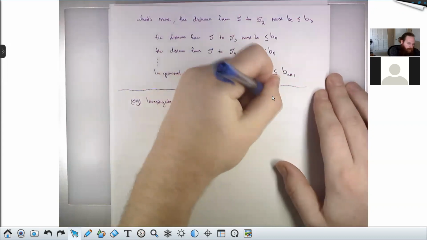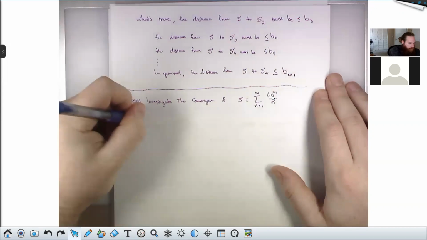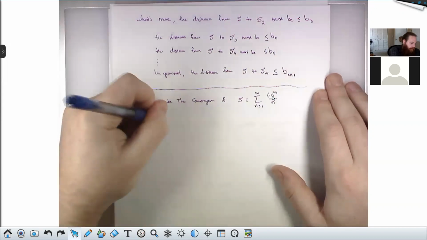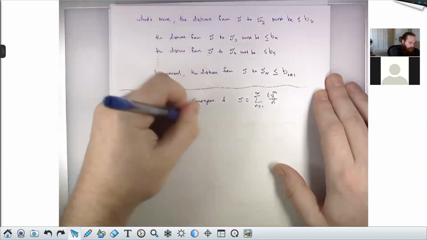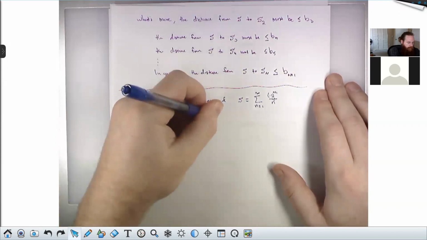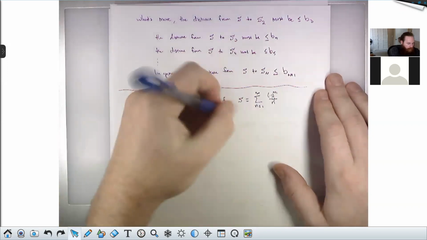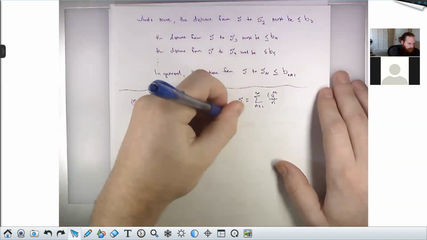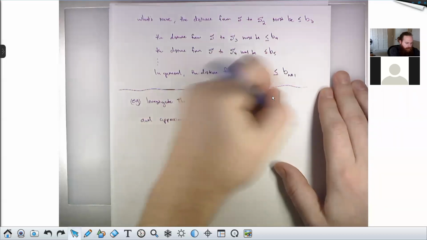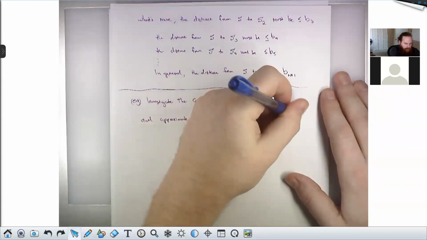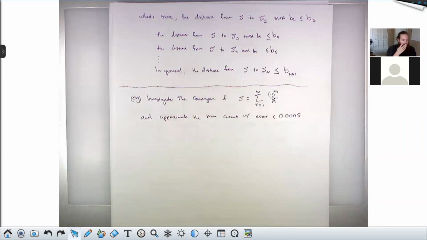Sum from 1 to infinity, -1 to the n plus 1 over n, and approximate the value, because I know ahead of time that this converges, correct, with error less than 0.0005. So I should get at least the first 2 decimals correct and hopefully the 3rd decimal place correct as well.